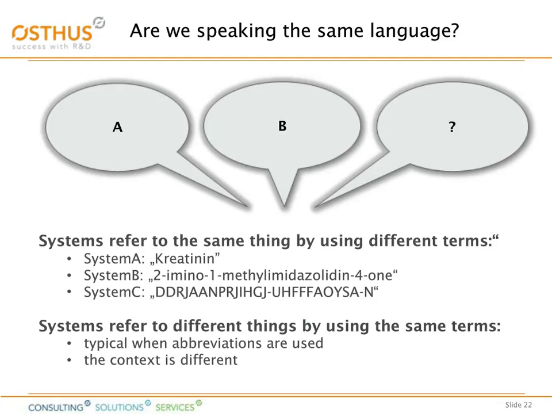A typical example of this is the abbreviation TNF. That can either mean the cytokine, tumor necrosis factor alpha, or maybe it could be referring to a project which is looking into TNF, or maybe TNF is the biological target of a certain experiment. As you can see, context is everything.